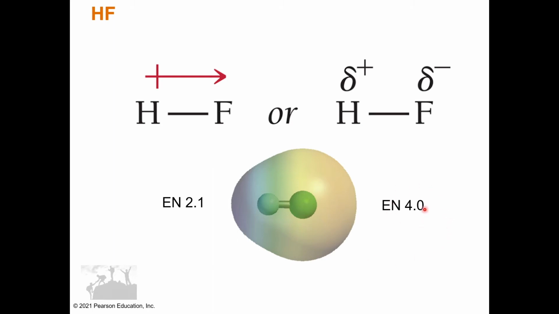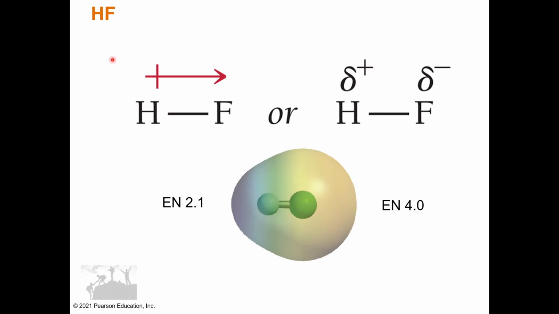This larger number, 4.0, tells you that fluorine wants to attract more electrons, or more of the electron cloud. So just based on these numbers, we know that fluorine would have the partial negative charge, and hydrogen would have the partial positive charge. Here's another way of depicting bond polarity with the Greek symbol delta. So delta positive for H, delta minus for fluorine.